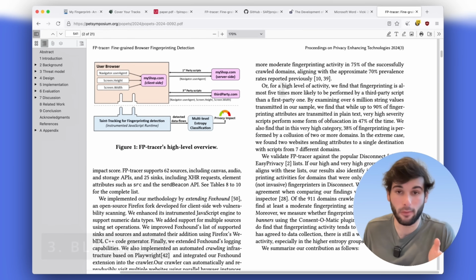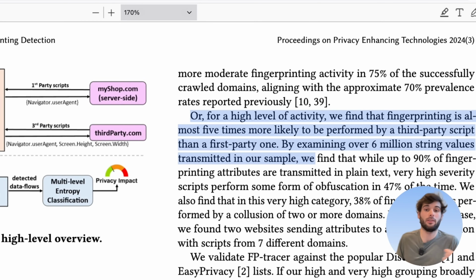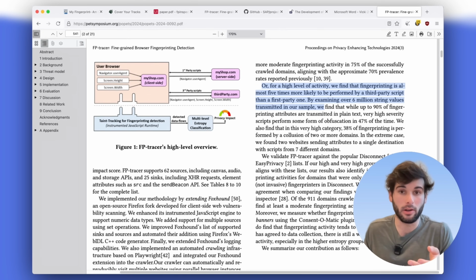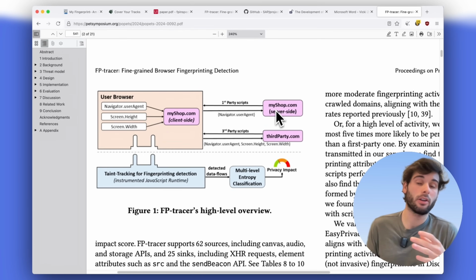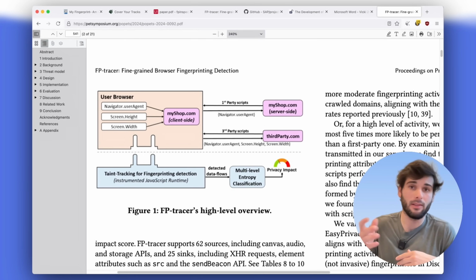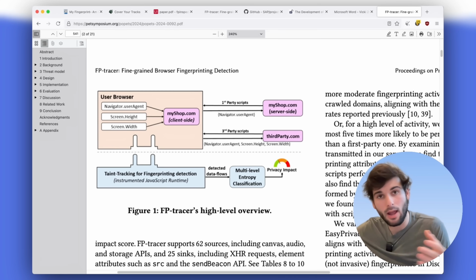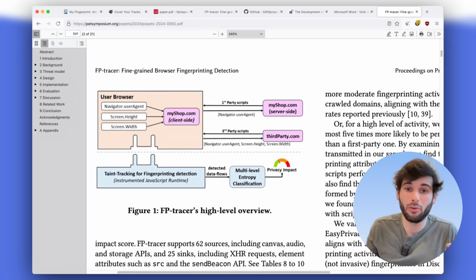Now, the third kind of approach in these scenarios has more to do with blocking this stuff from happening in the first place. I wanted to quote this research article here, which found that fingerprinting is almost 5 times more likely to be performed by a third-party script than a first-party one. To look at their diagram here, if you visit a site like myshop.com, they're going to run scripts to do things like give you a shopping cart and places to check out, maybe check out clothing, whatever they're selling. But then they also introduce third-party scripts.